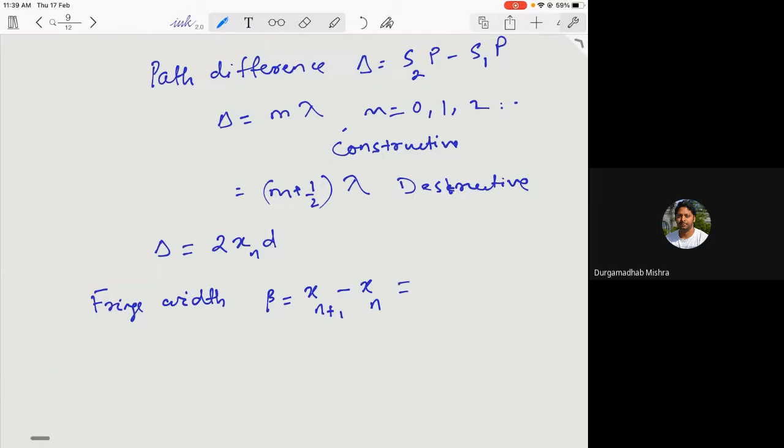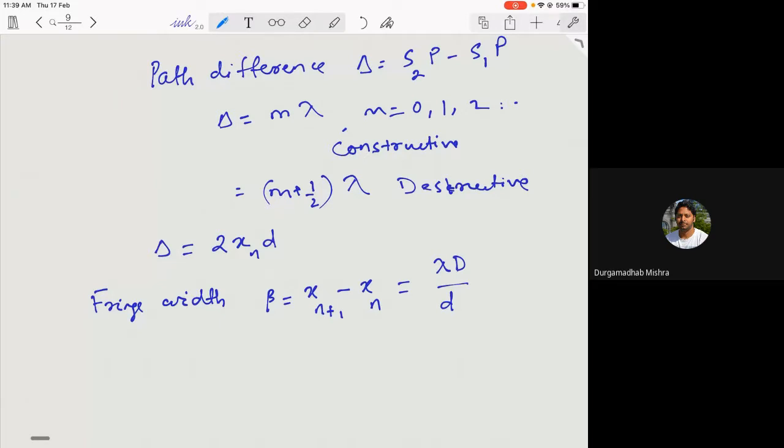The difference is the fringe width, which is lambda D by d. This is the famous relationship between lambda, the distance to your screen, and the distance between the sources. This defines your fringe width.